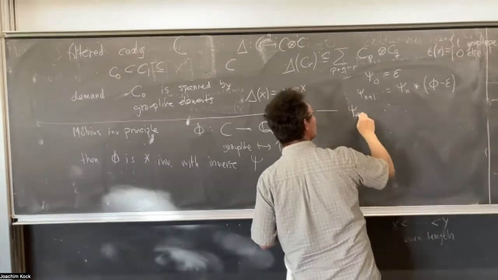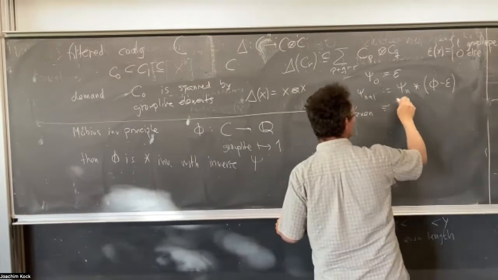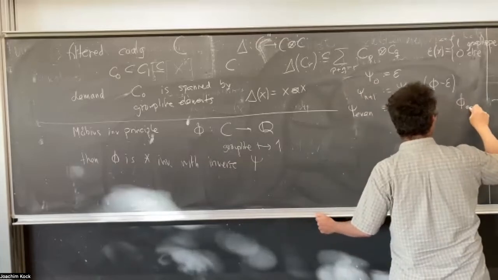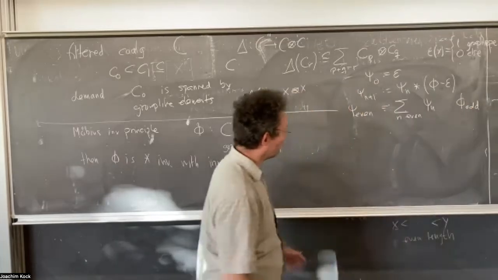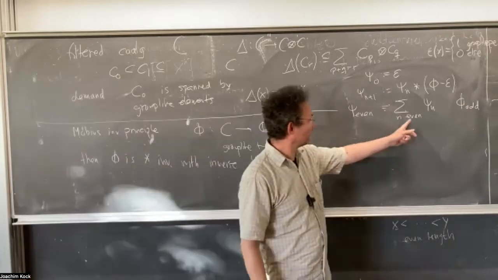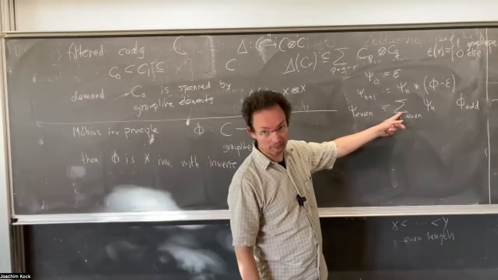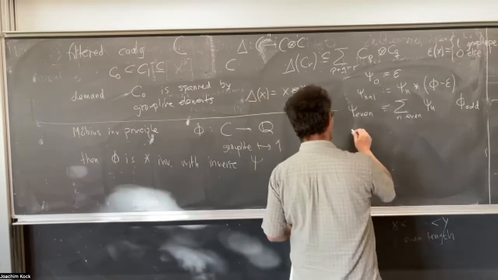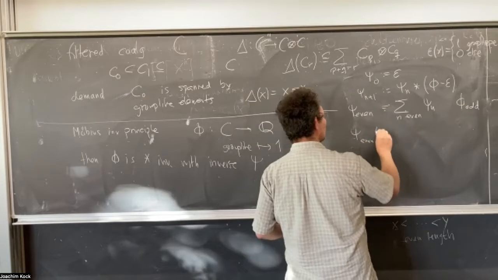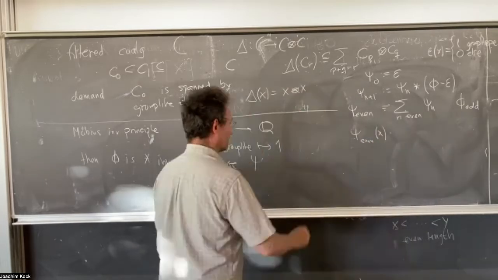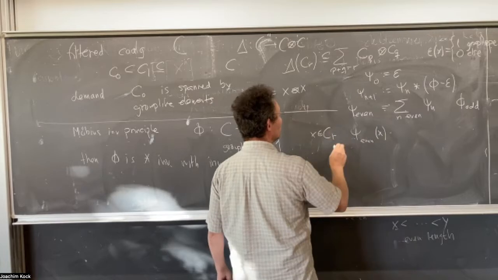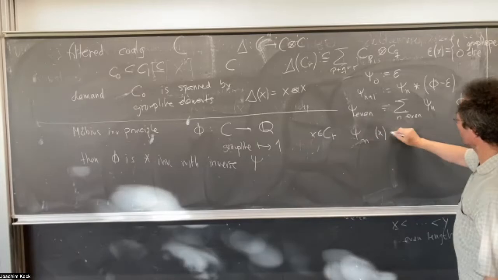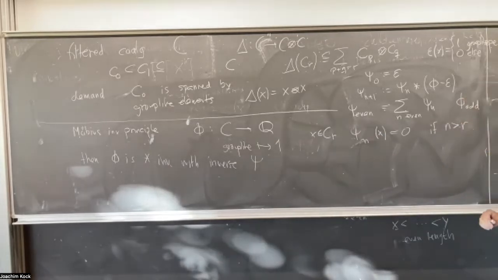Now I define the even to be the sum of all the even ones, and I define odd to be the sum of all the odd ones. Now here you may rightly worry if this is an infinite sum. It is an infinite sum of functions, but it has finite values for all x, because if you plug in here and see what it does on x, and you assume that x is in filtration degree r, then this will be 0 if n is bigger than r.